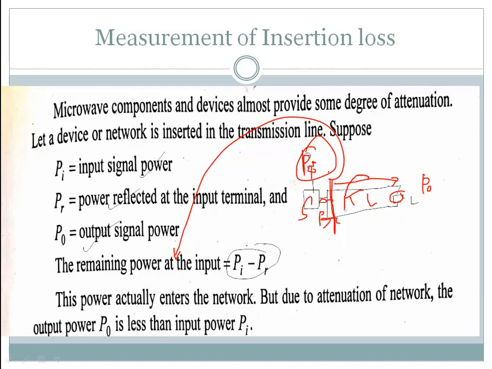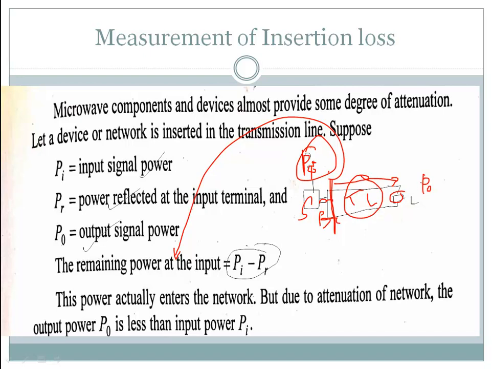During the journey from the input of the microwave transmission line to the load end, we have a number of devices or networks, right? When the power passes through these devices or networks, the power of the input signal gets reduced device by device.